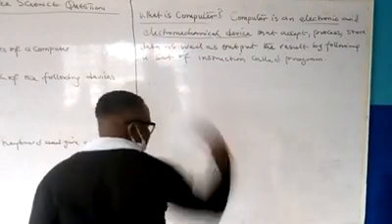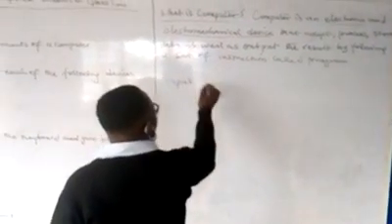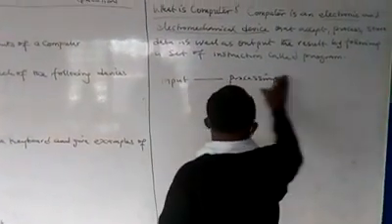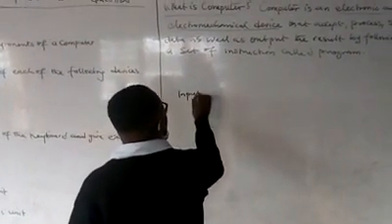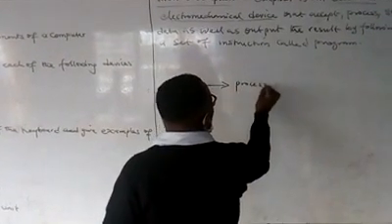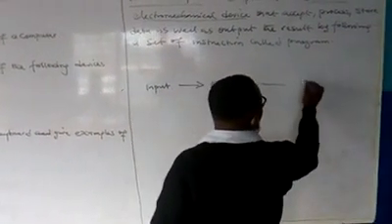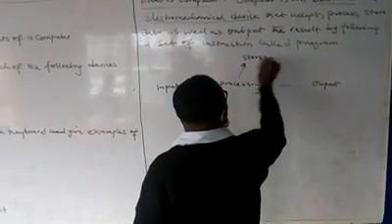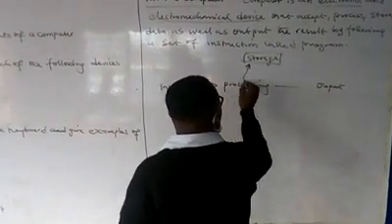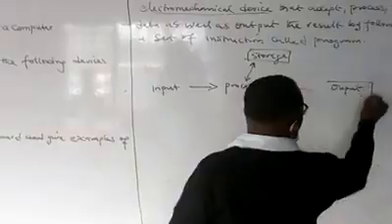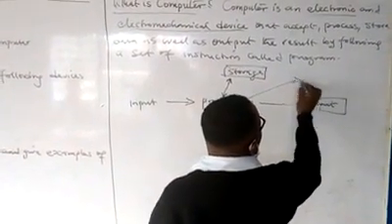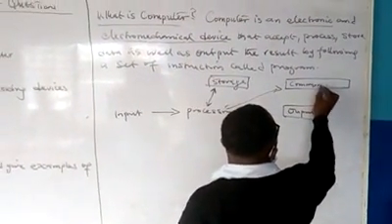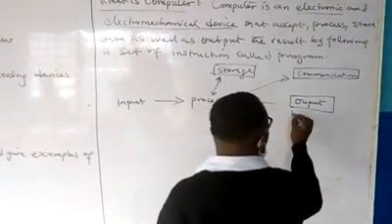Now, look at this one, an example of what we are seeing here. Input, processing, output. Here you have storage. Here you have something like communication. Here is information.